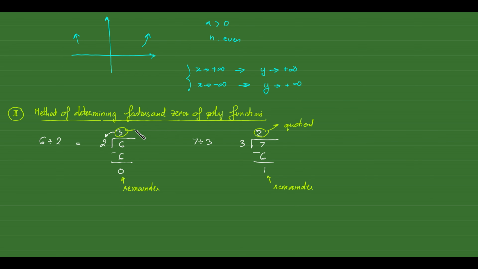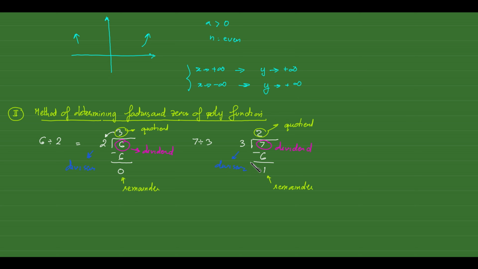Then what are 6 and 7 here? We call those the dividend. It was a pretty long time ago, right? And the number 3, anyone remember? Number 3 is the divisor.